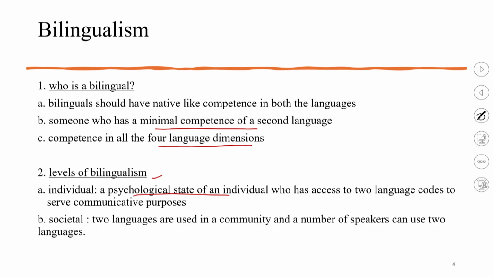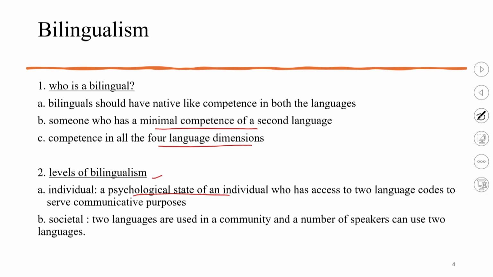Now, a society can be bilingual. When the society is bilingual, individuals within that society will automatically be bilingual, but the reverse may not be true. In a society which is largely monolingual, there might be individuals who are bilingual. That is why we need to keep these 2 things separate.